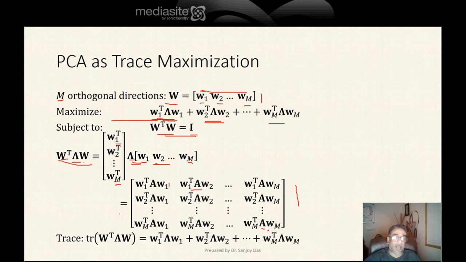And now the trace of this W transpose lambda W is given by this. The trace of a matrix is the sum of the diagonal elements. So these are the diagonal elements, and we add them up together, we get this summation here, which actually is the same as this objective function that we want to maximize.